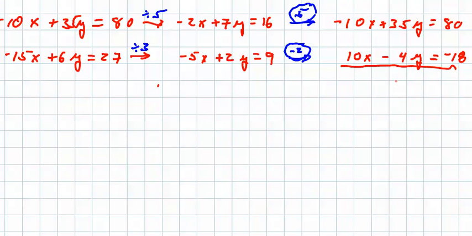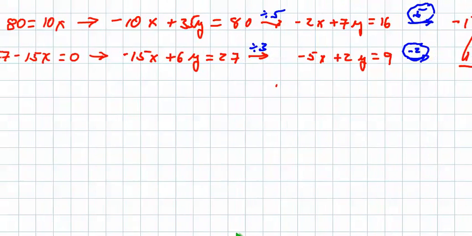And I end up with 31y, my x is canceled, equals 62. Divide both sides by 31. y is equal to 2. You can figure out the rest on your own.